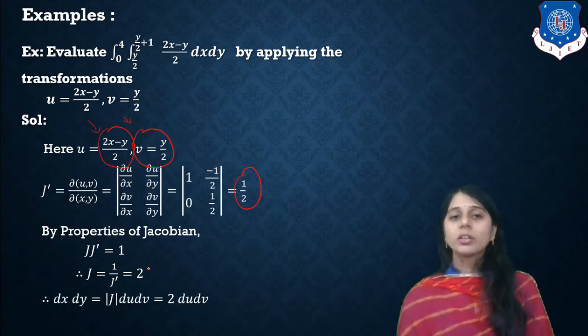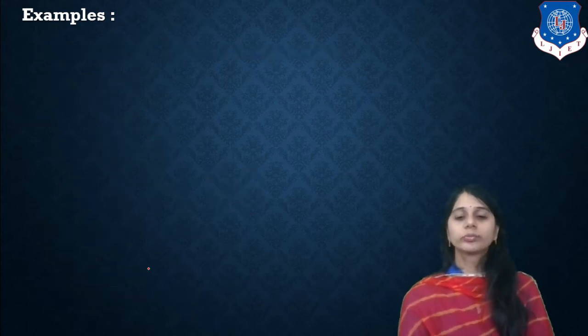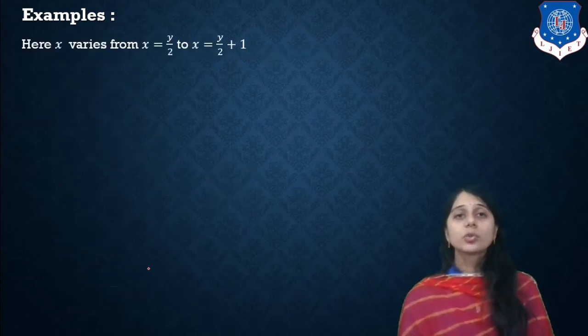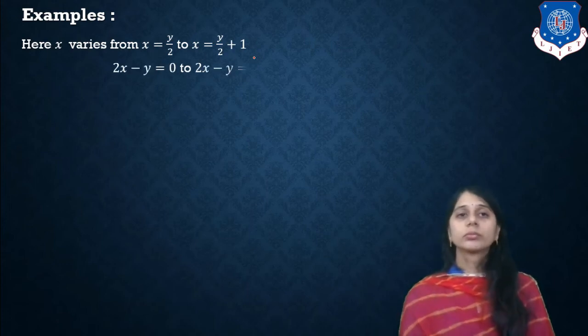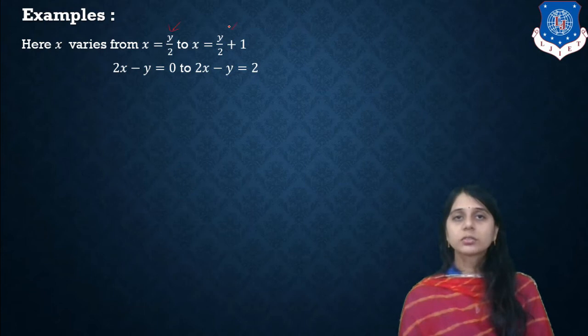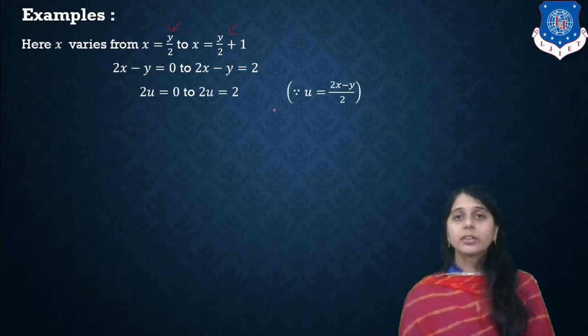So dx dy equals mod of J du dv, which is 2 du dv. Now x varies from y by 2 to y by 2 plus 1. So 2x minus y equals 0 and 2x minus y equals 2. To solve these equations, we say u equals (2x minus y) by 2.